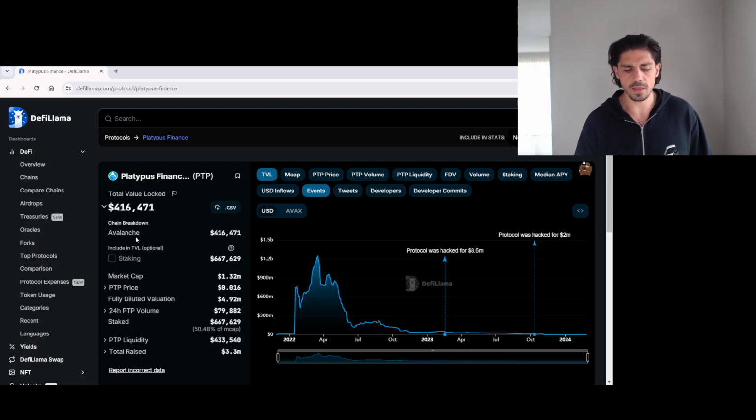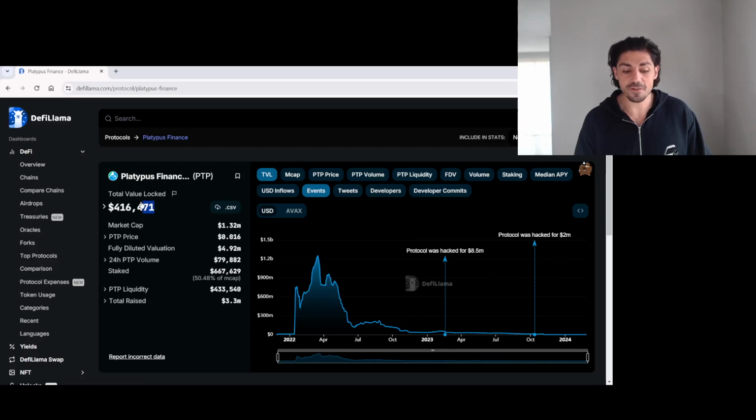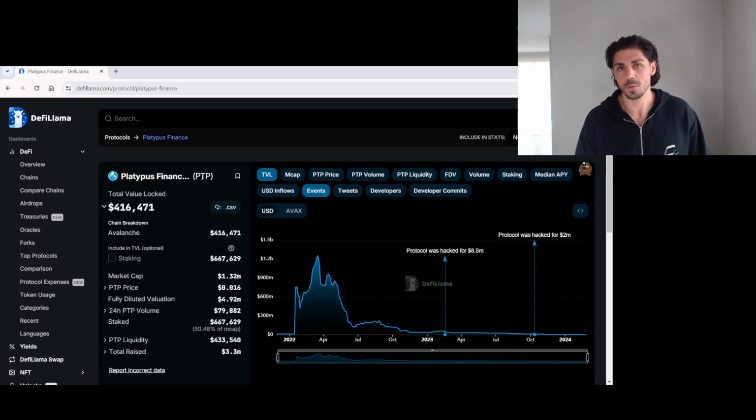That was what they were providing. But as you can see, they now have less than $500,000 worth of capital locked on their platform. Now this is highly, highly unusual.